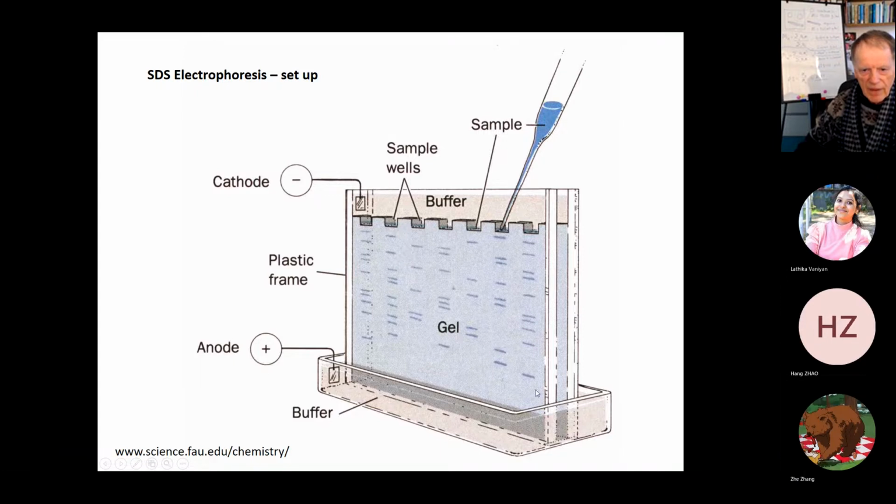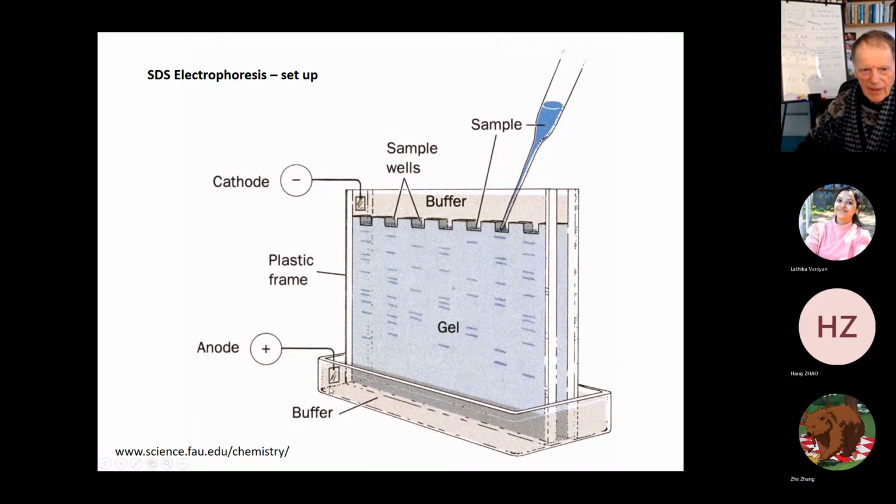So this is the retarding polyacrylamide gel with these little inlets here where you inject your samples, and also you have at least one lane which contains your standard proteins of known molecular weights.